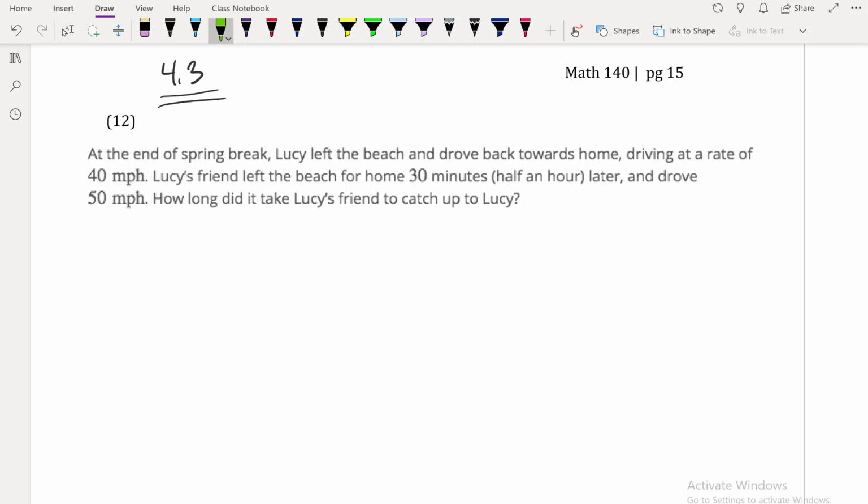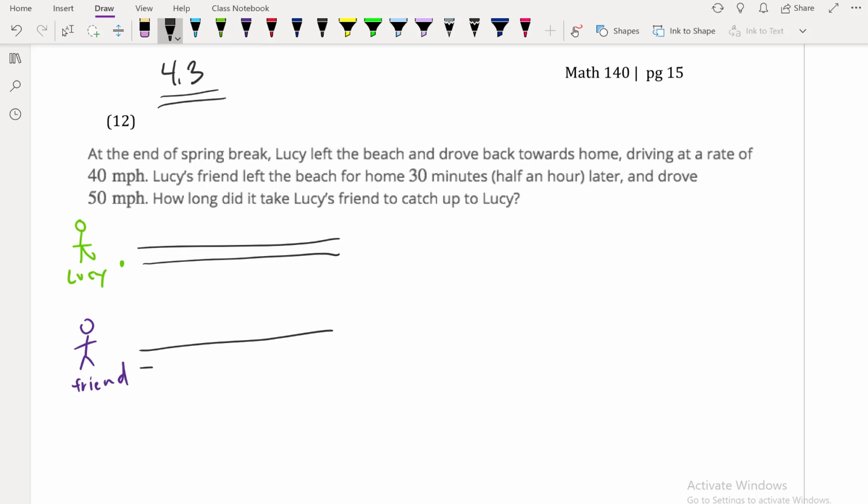So you can think of it as we have Lucy. She's here at the beach, and she's going to be driving along a road, versus we have Lucy's friend, who's also going to be driving along the road.